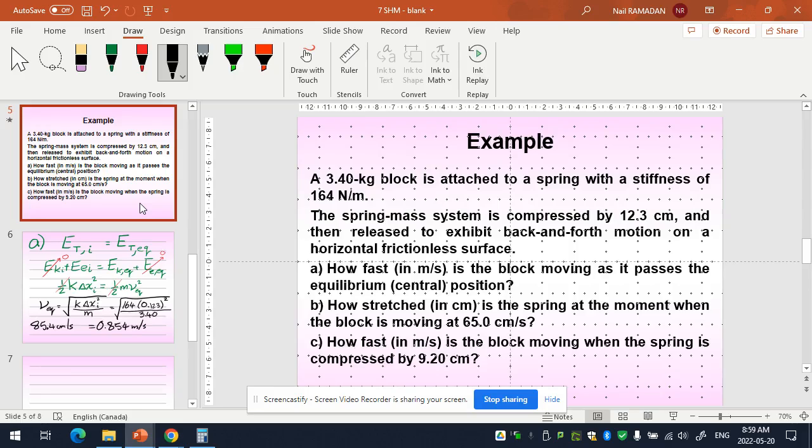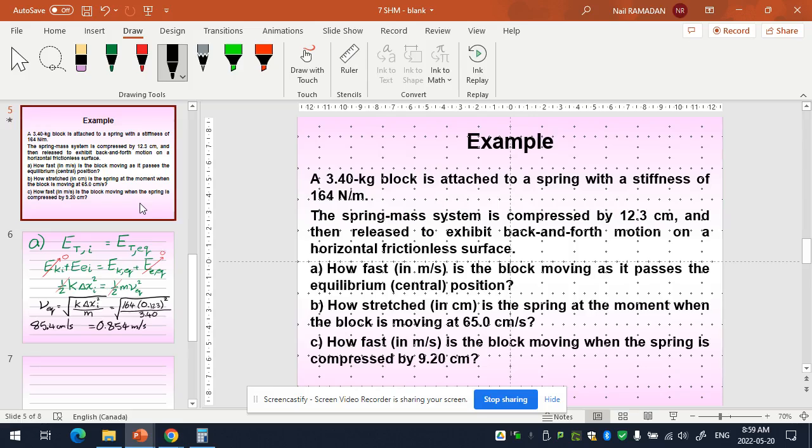Which instant in the system usually allows you to calculate the total energy? From all of them, but which one usually is the easiest? Initial. Because initially, do we know everything about the system? Yes, we know. We had speed 0, and it had maximum what? Maximum compression.